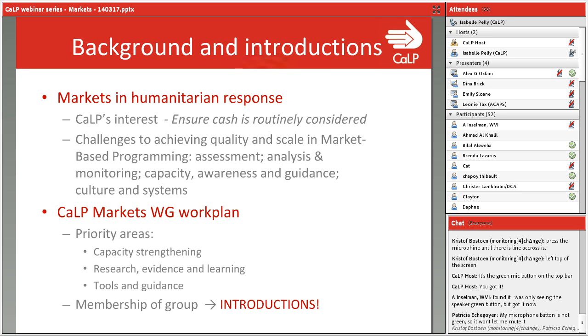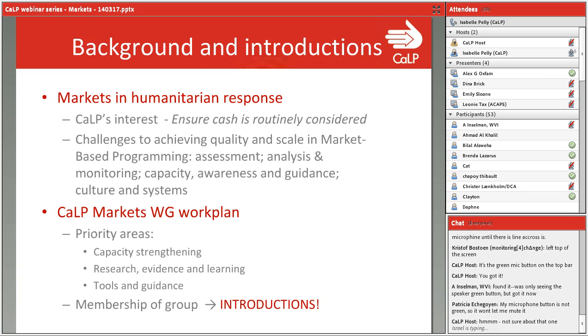So in order to address some of these challenges, a markets working group was created under the auspices of the CaLP Technical Advisory Group, and together we're focusing on a few priority areas, including capacity strengthening, generation of research, evidence and learning on market-based programming, and then sharing and improving tools and guidance.